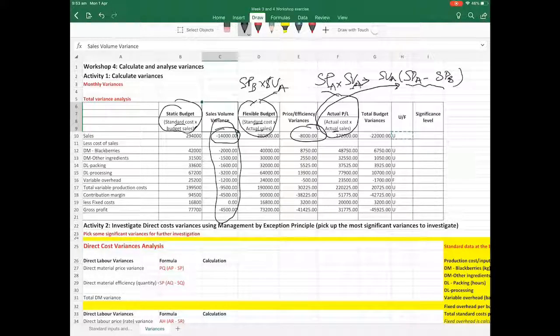That's why we call this 8,000 the sales price variance. If you look at all the costs in this column, the rest will all be for the cost, because the standard cost is different from the actual cost.